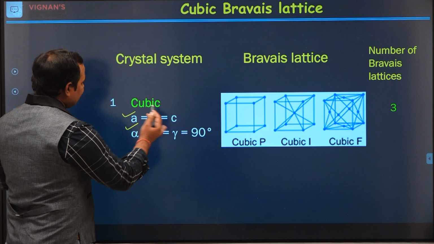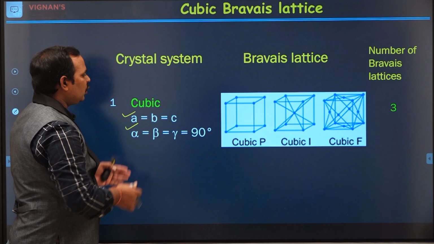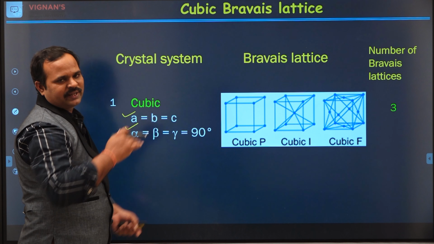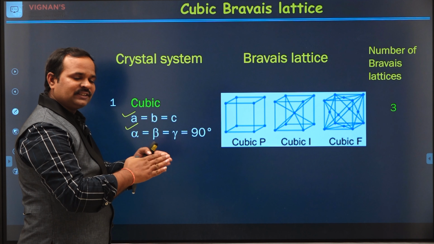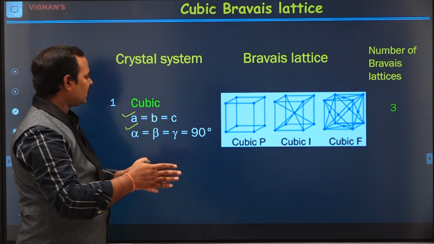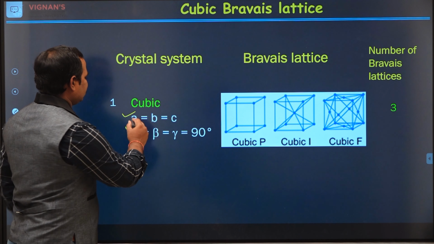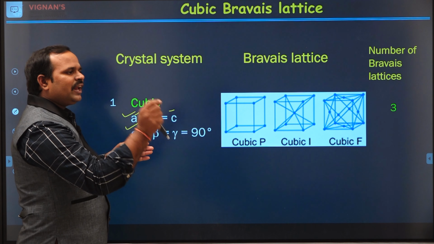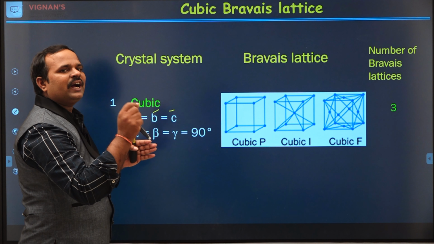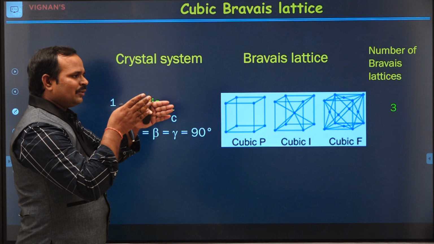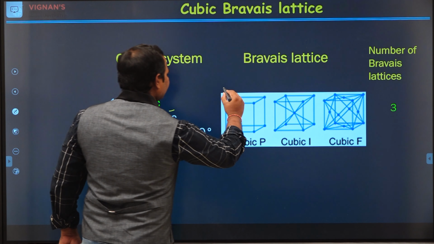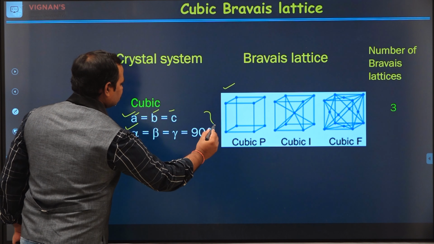With these conditions, there are only 3 different ways we can arrange the points in space, such that there exists a periodicity along the x, y, z axes with a, b, c, and the environment about each and every point is identical.